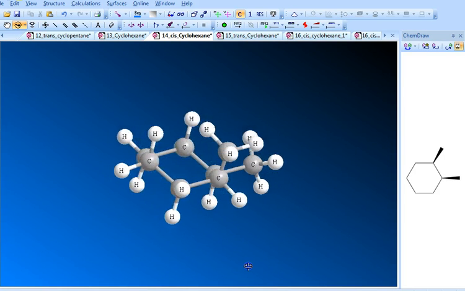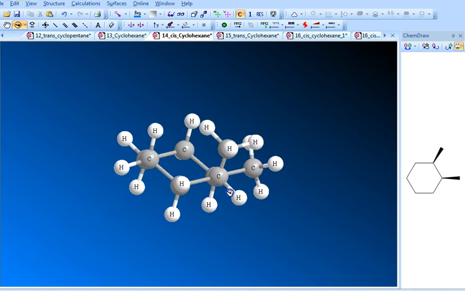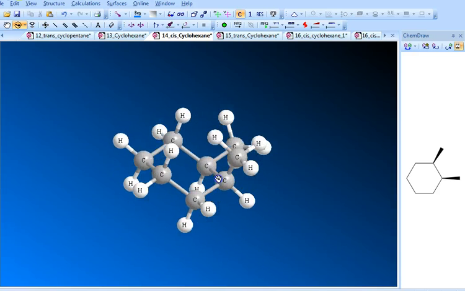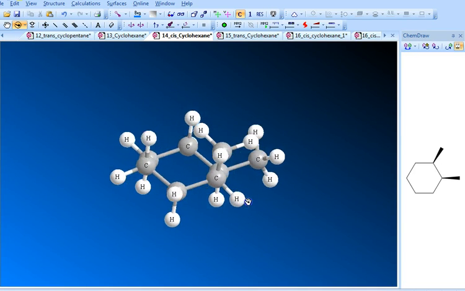Now in the case of cyclohexane, it is very different than assigning conformations in other cases. How you assign cis and trans depends upon the relative position of the group. Here we are saying this methyl group is up as compared to this hydrogen.